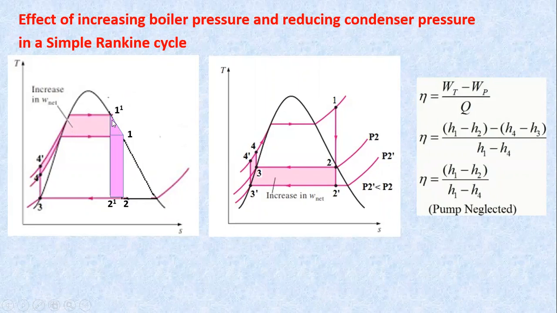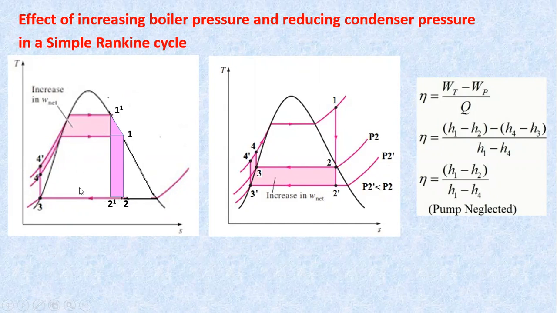We can see the shaded portion is the increase in work. Initially it was 1 here, that is the steam which is entering the turbine. Now with the increase in pressure, the saturation temperature increases. Now it has come to 1 dash. So this increases the total work done in the cycle.